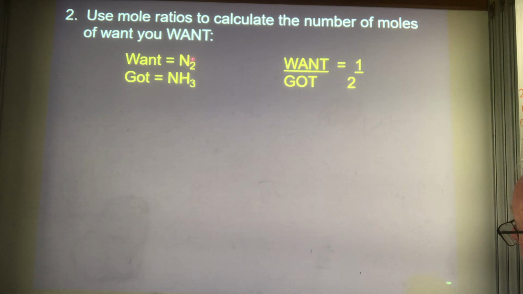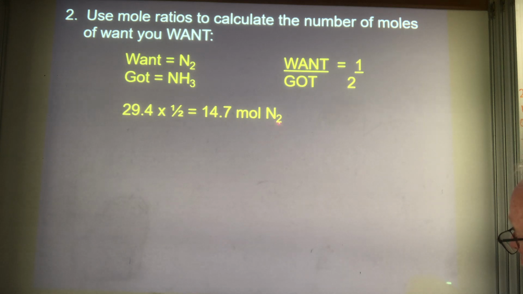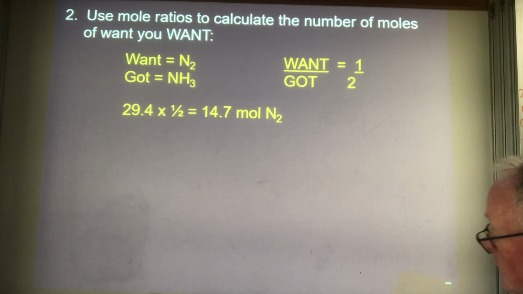So want over got, coefficient of nitrogen over the coefficient of ammonia, 1 over 2 in the equation. So the moles we just calculated, 29.4, we're going to multiply it by 1 over 2. And that will give us the number of moles of nitrogen required. That's the second step, want over got.